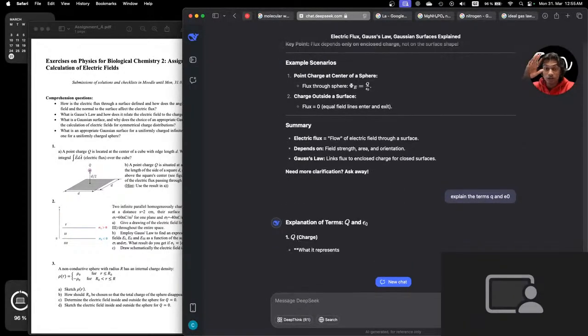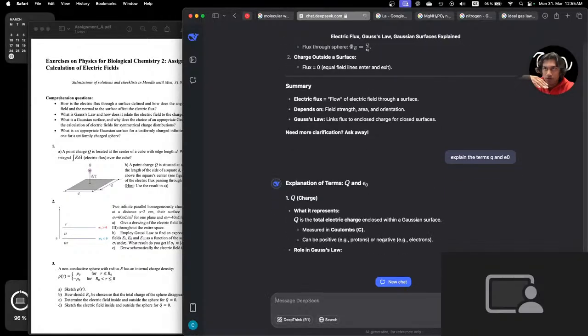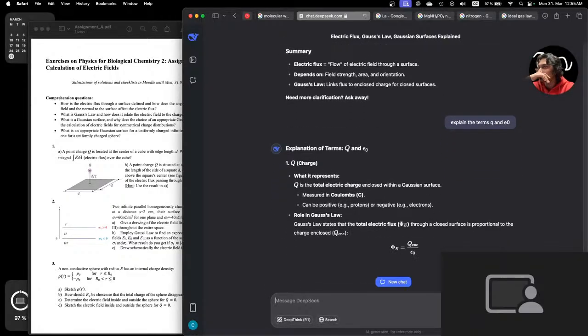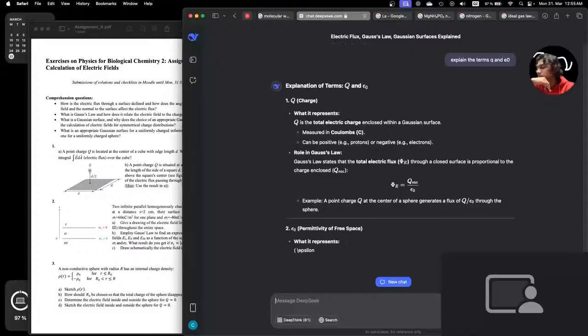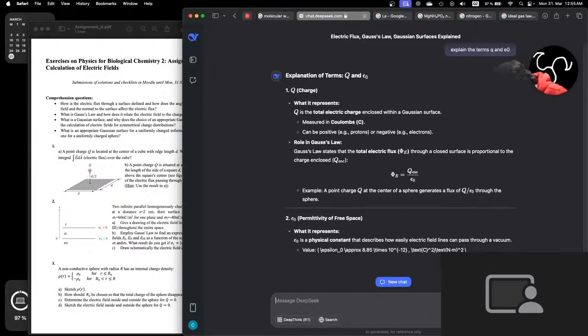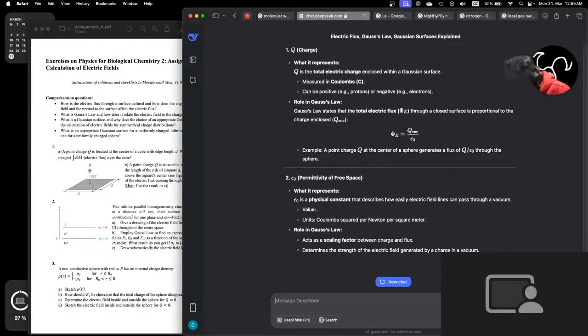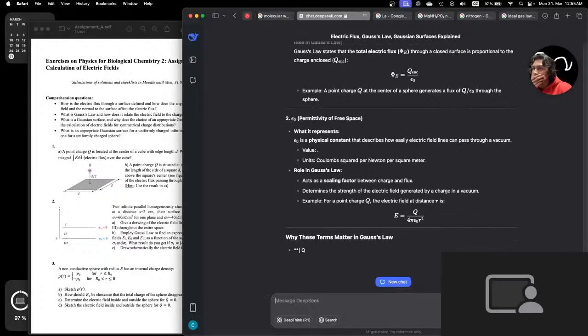My eyes are just going down. 4 gigabytes. Why is it taking so long for you to get 4 gigabytes?